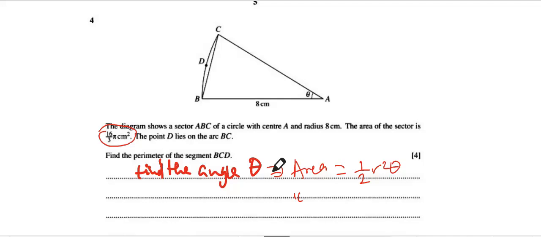So we have 16 pi over 3 equals a half r squared theta, where r is 8 centimeters. So we simply substitute 8 squared and multiply by theta. You can plug this into your calculator.